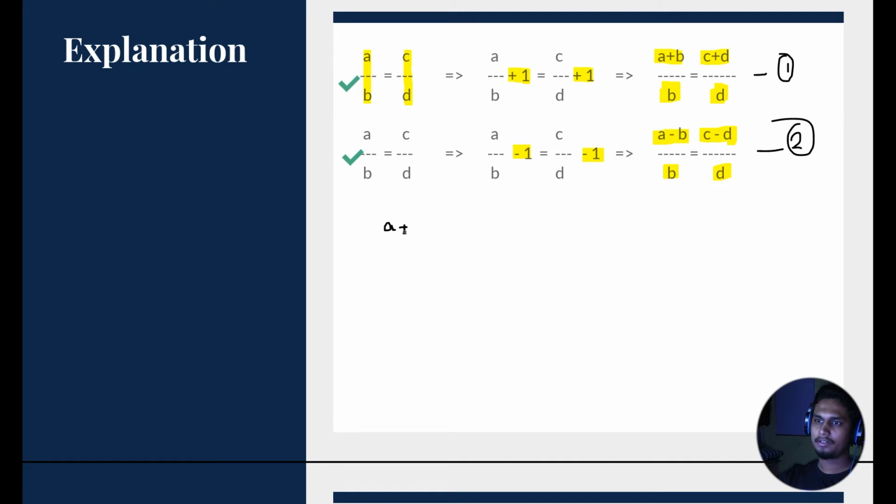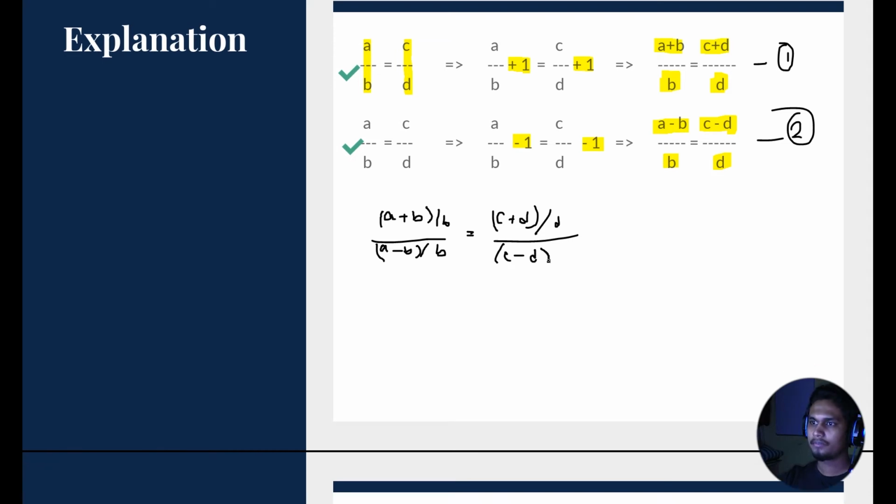A plus b by b is divided by a minus b by b is equal to c plus d by d is divided by c minus d by d. So you can see here b can be cancelled out from the left hand side, and from the right hand side you can cancel out d.